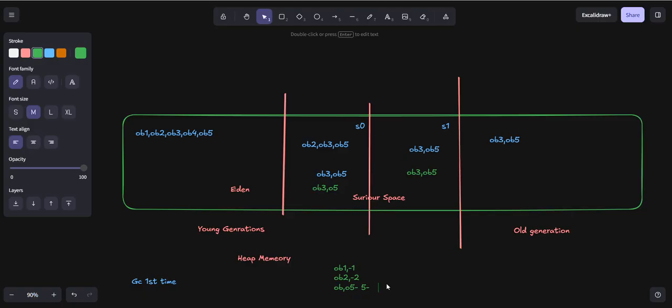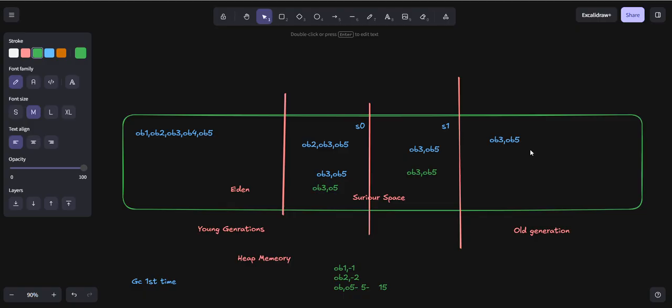Suppose it is 15. Whenever the age reaches 15, it moves those objects directly from survivor space to the old generation. This old generation collection we also know as major GC. So this is how the garbage collector runs.